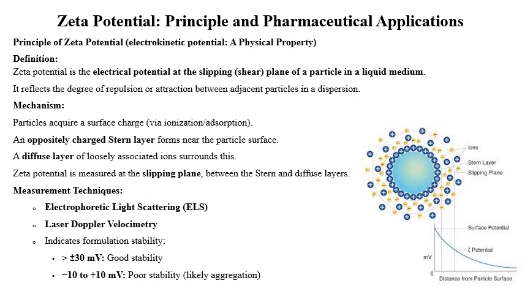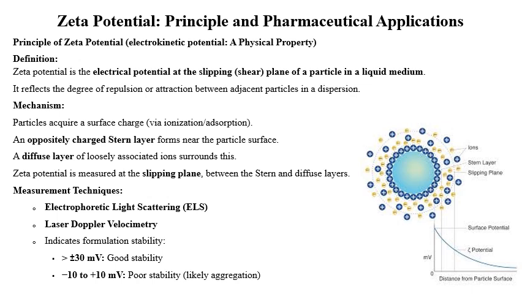It is very easy to know that the particles have some charges, and because of these charges the other charges are developed. Now zeta potential is measured at a slipping plane between the stern and diffuse layer. So this is the difference between the stern layer and the diffuse layers. You can understand like that.